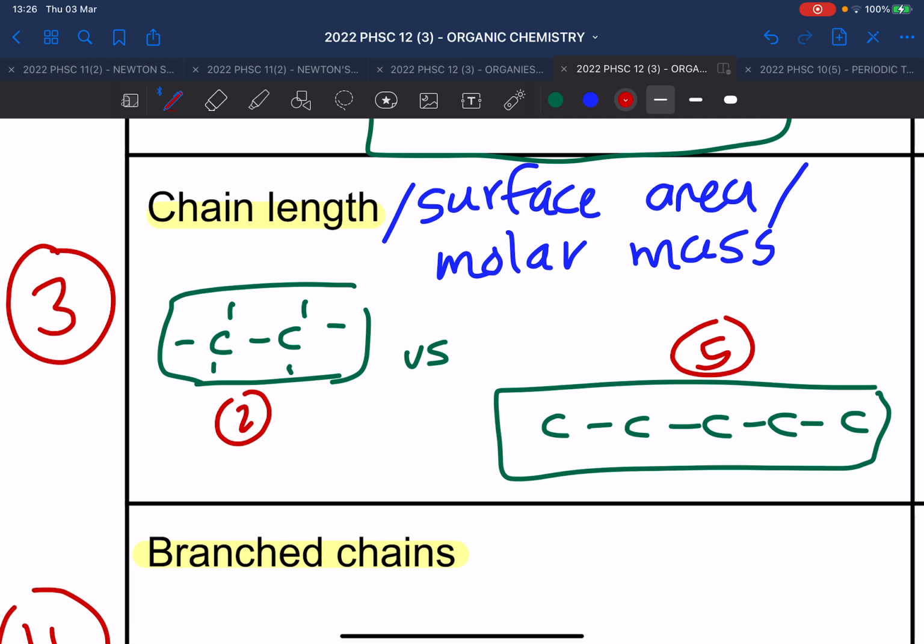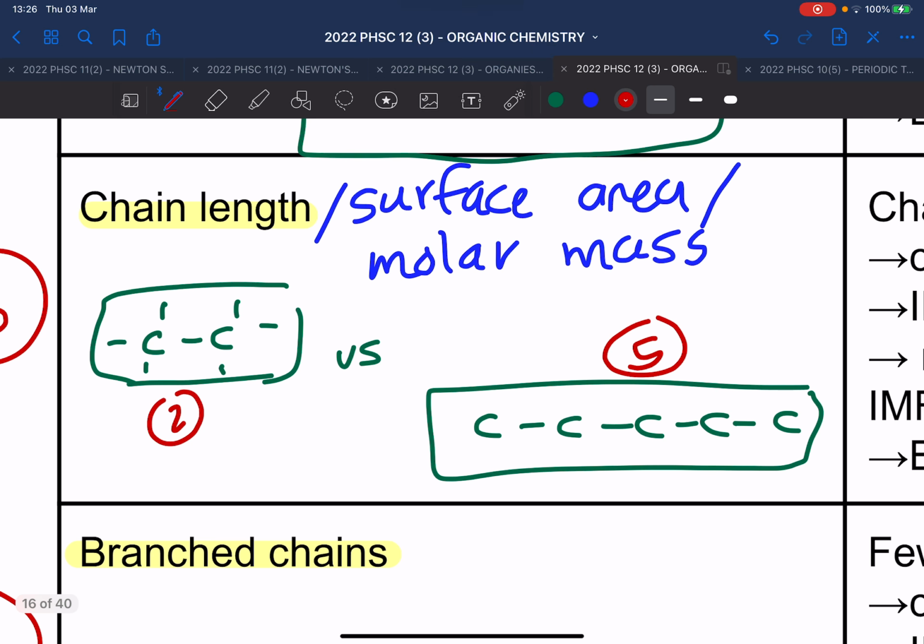Can you see, because the one is longer, there will be more places where London forces can occur, and this one has 2 sites where London forces can occur. So because it is longer, it has stronger intermolecular forces, more energy is needed to overcome intermolecular forces.